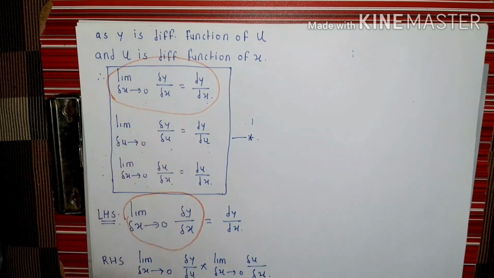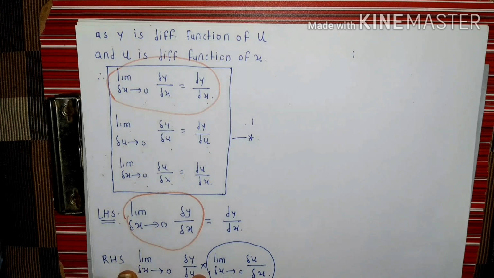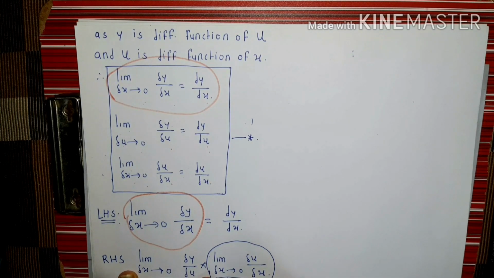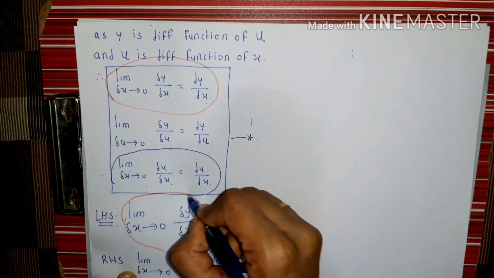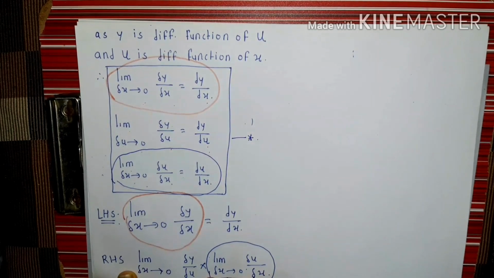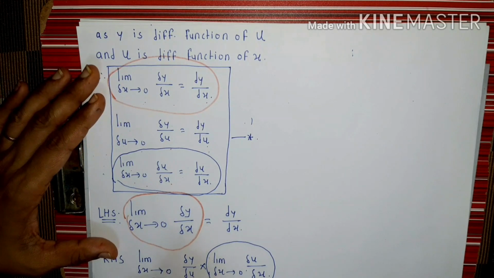If we observe the second term, we can write it directly from the given definition: limit delta x tends to 0, delta u upon delta x equals du by dx. Directly we can put this. But consider the first term.